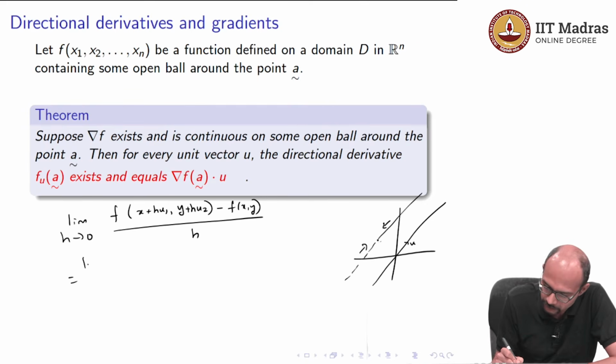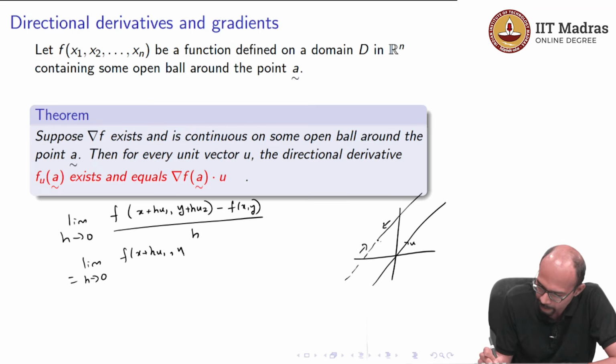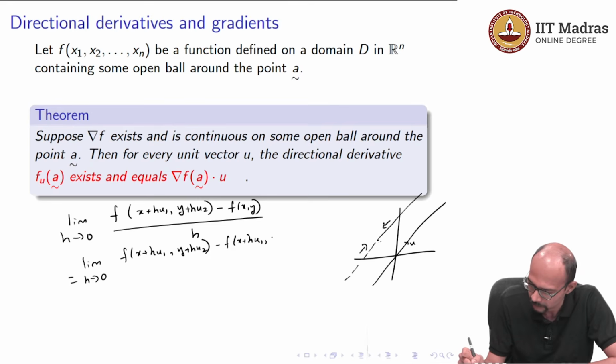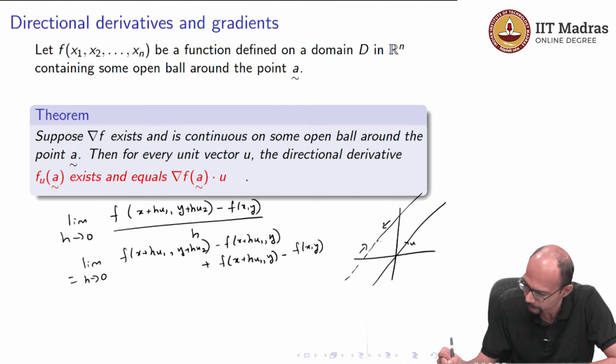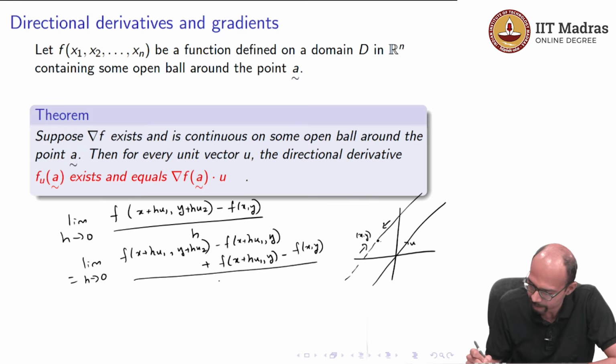So, now what we can do is we can break this into two parts. We can say this is f of x plus h u1 comma y plus h u2 minus f of x plus h u1 comma y, plus f of x plus h u1 comma y minus f of x comma y, okay. So, this is my point x comma y, and then divide by h, okay.